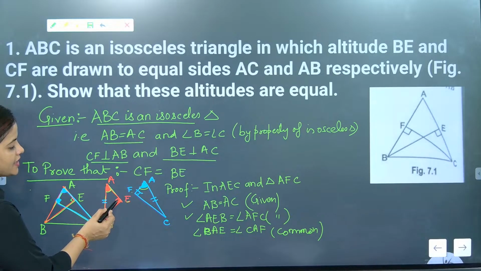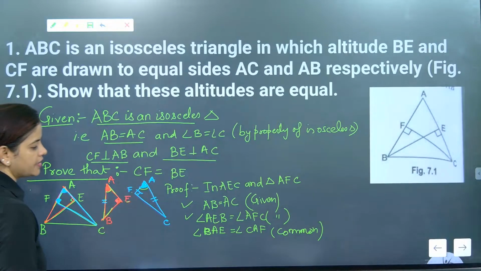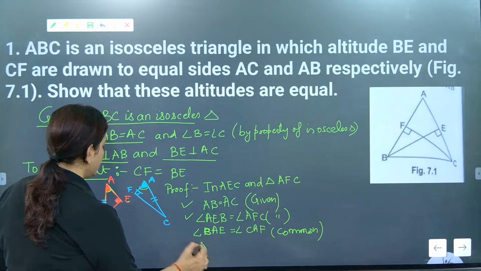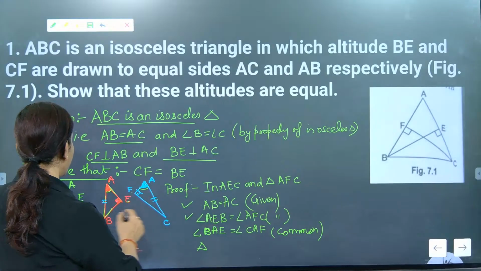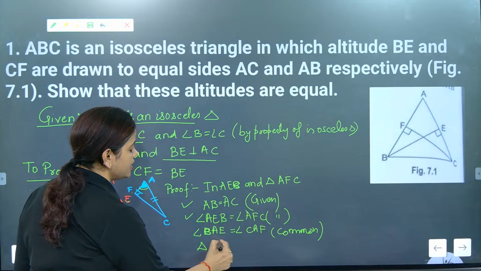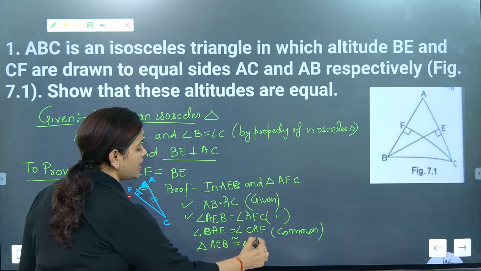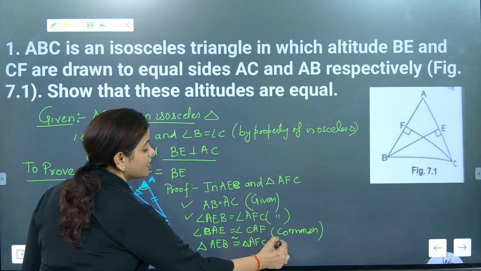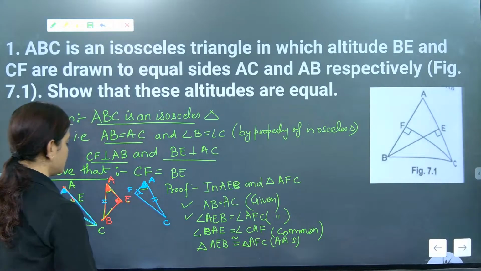So triangle AEB is congruent to triangle AFC by AAS.